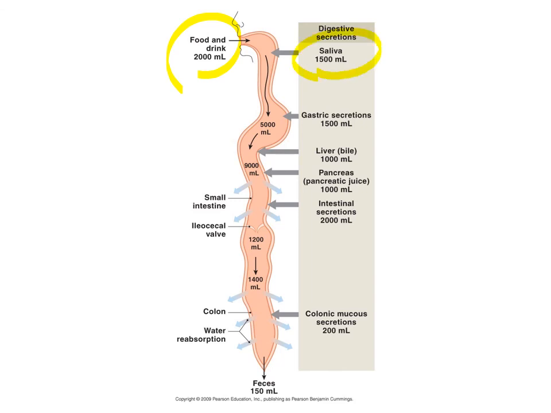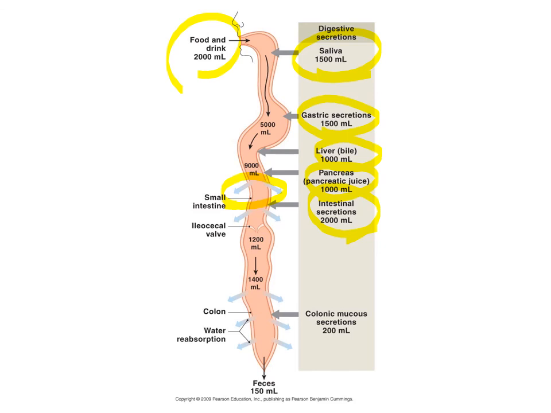We then secrete 1,500 milliliters of saliva, 1,500 milliliters of gastric secretion, 1,000 milliliters of bile, 1,000 milliliters of pancreatic juices, and 2,000 milliliters of secretions in the intestine. Now, starting in the small intestine, you can see that we are starting to reabsorb water and nutrients out of that material.